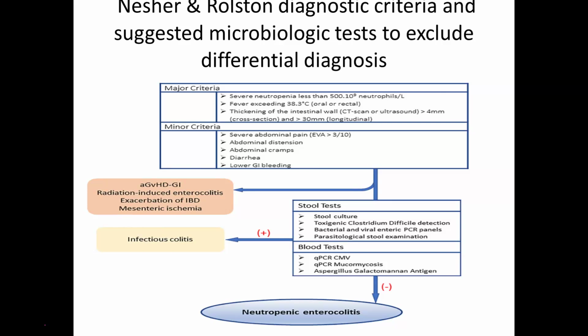But you can also have isolated GI involvement, which is quite difficult to differentiate. There are some pathologic reports saying apoptosis is less common in neutropenic enterocolitis. These things can also overlap with neutropenic enterocolitis. So it's worthwhile doing, especially, a toxigenic Clostridium difficile workup for toxins A and B to identify Clostridium difficile, which should be treated quite aggressively.